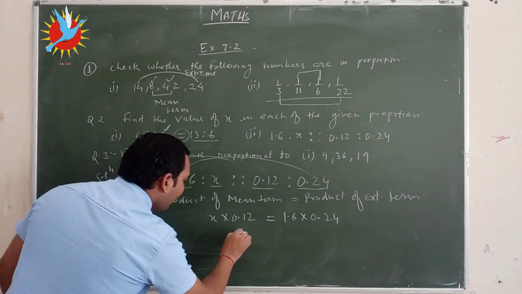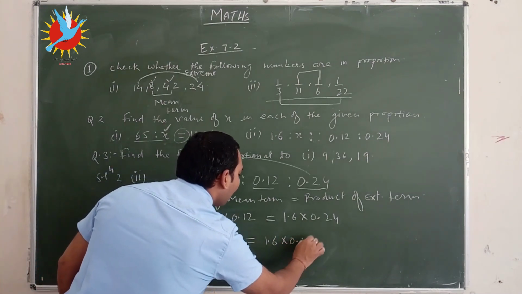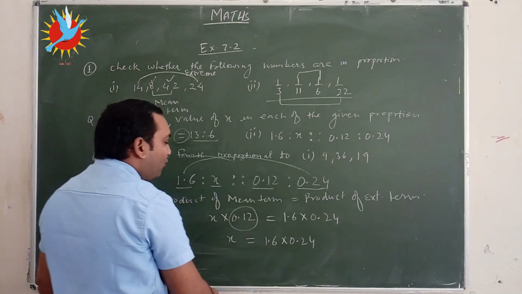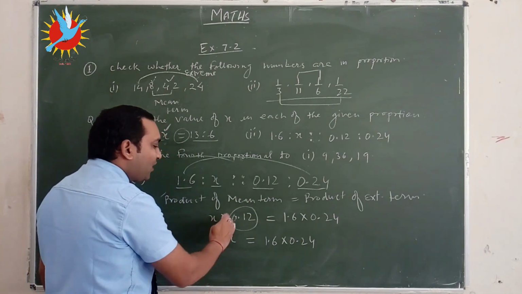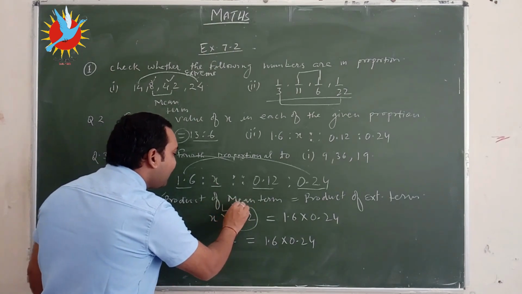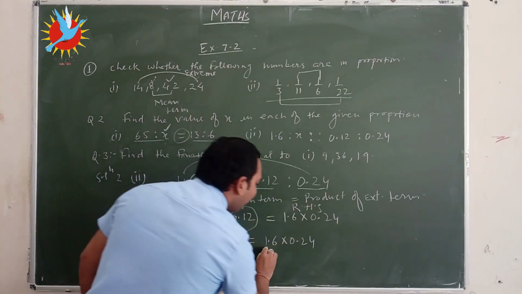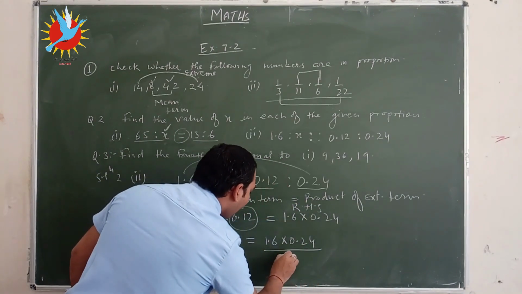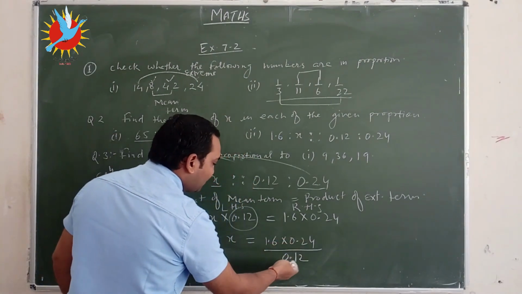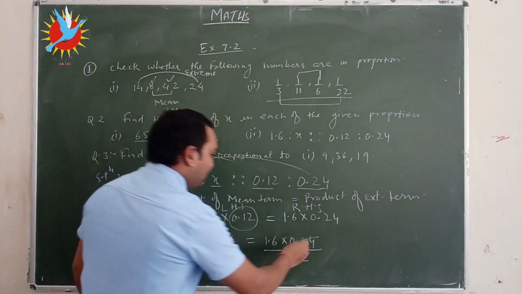Here 0.12 is multiplied with x. When we transpose from the left hand side to the right hand side, multiply will be divide, so it will be 0.12. This is 0.24 and this is 0.12, so it will be 2 times.